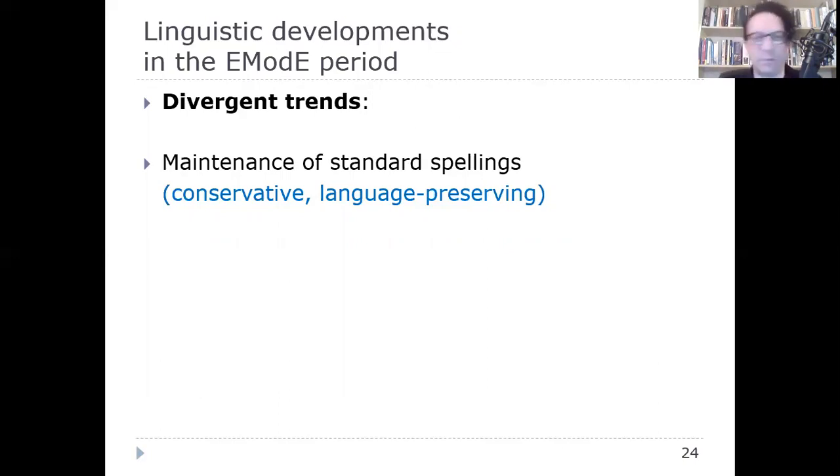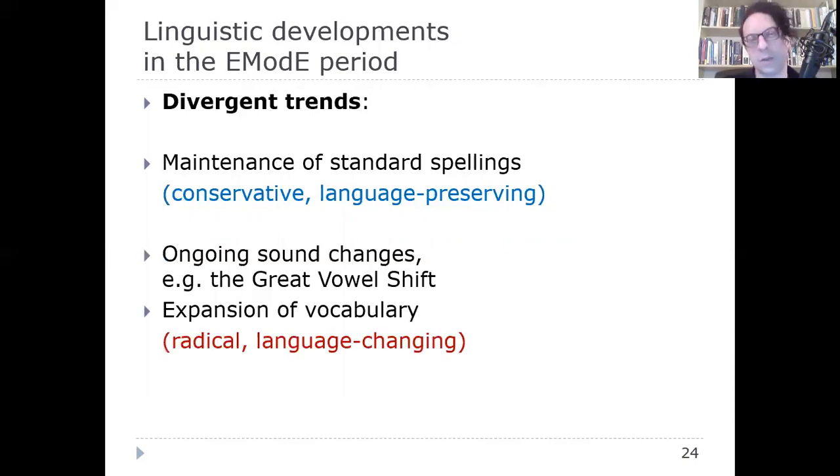That 100 years later, maybe they are still using the same spellings, right? So this is a conservative force, a language preserving trend. And on the other hand, you also have these radical trends that are changing the language quite dramatically. So, for example, the ongoing sound changes, and the Great Vowel Shift is just one of many ongoing sound changes at the time.